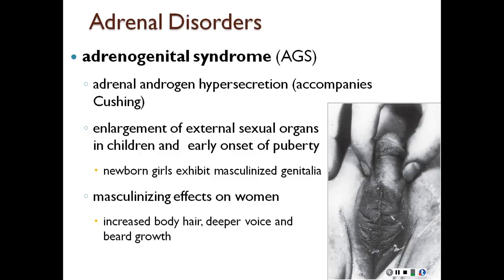So just imagine the effect of hypersecretion of testosterone in an unborn fetus. When we get to the reproductive system, we'll learn that during the course of development, the embryo is the same, whether it's a male or a female, and then at some point, there's a signal that causes the male organs to start changing.